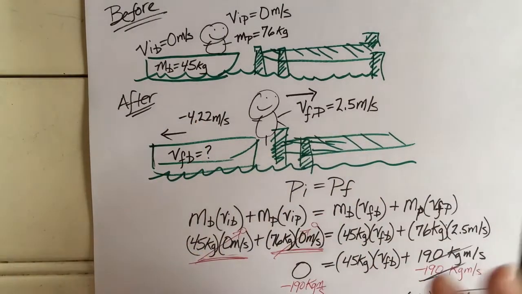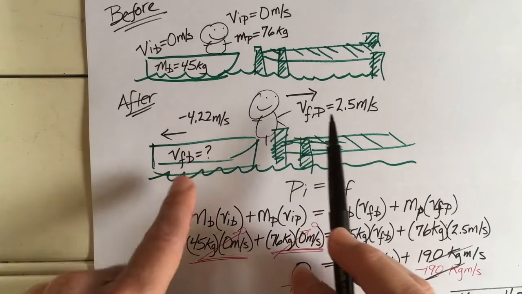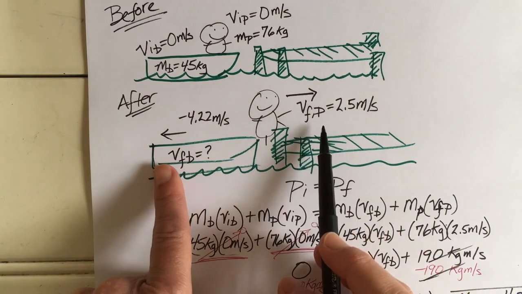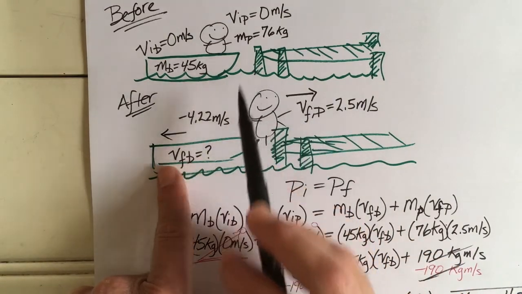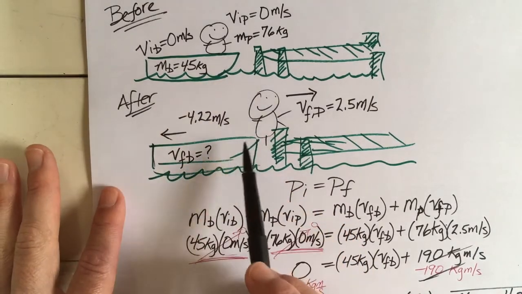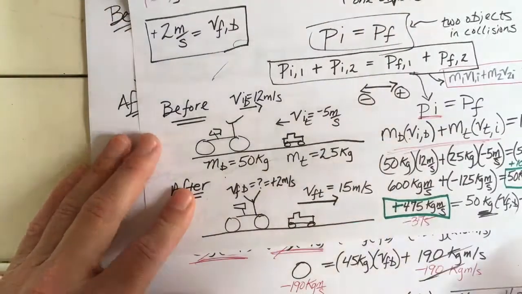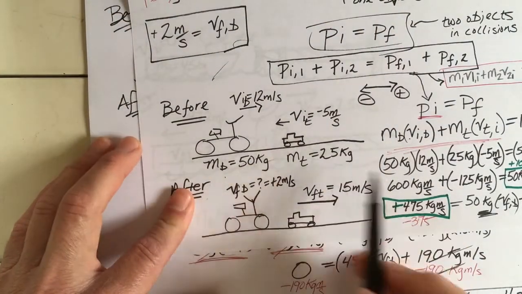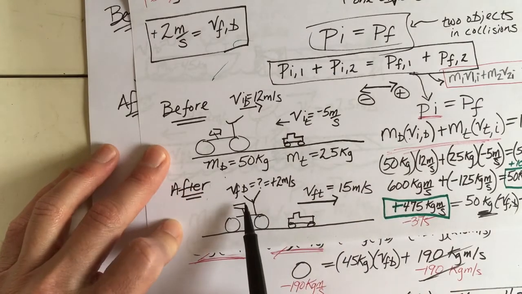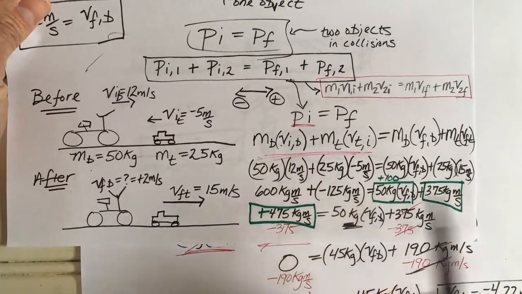But why does that make sense that it's still 0? Why would the before and after momentums balance? Because the before was 0. So that means that the after was 0. It has to be 0. Last time, the before was mainly to the right at 475, and the after is also 475 to the right.